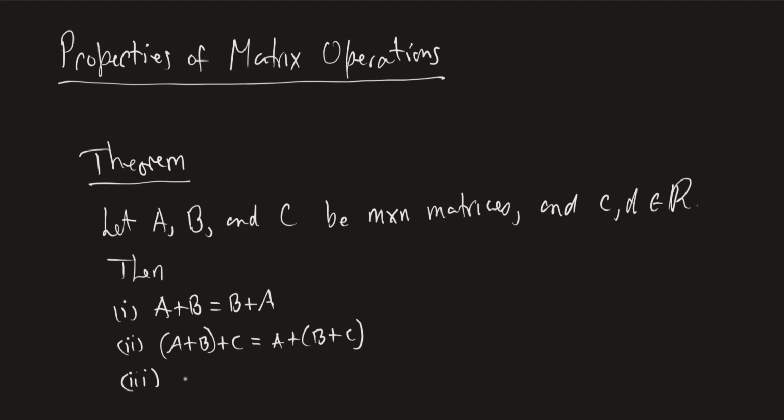The third one has to do with the associative property of scalar multiplication. So here are the two scalars that I just defined, c times d. If I multiply the scalars first and then multiply the matrix, I'll get the same result as if I multiply by d first and then by c.